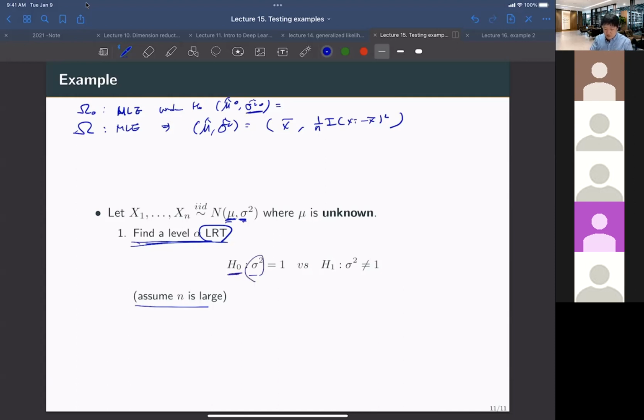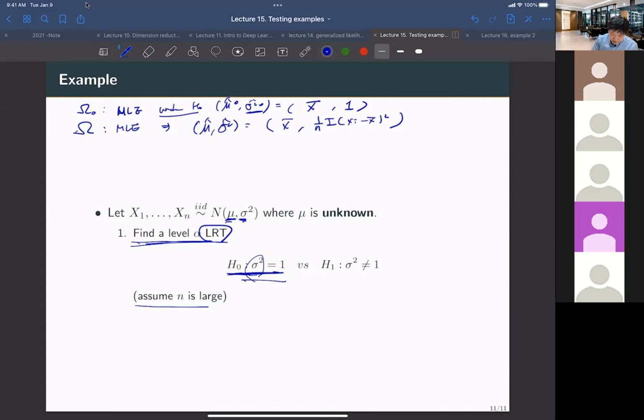How about the sigma squared? So under H0, there is only one possible value for the sigma square parameter. So this is 1, and for the mean value, you can easily see that x bar will be the maximum likelihood estimate under the restriction H0.